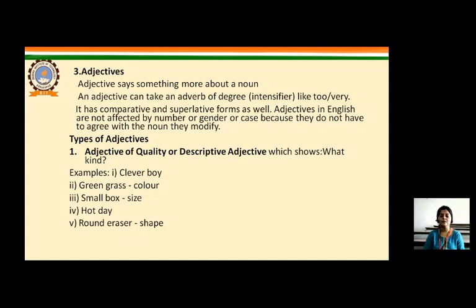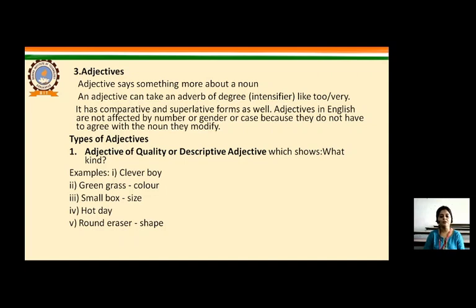Adjectives in English are not affected by number or gender or case because they do not have to agree with the noun they modify. So that was a little introduction about adjectives, their basic usage, and now we will look at them in detail when we cover the types of adjectives.